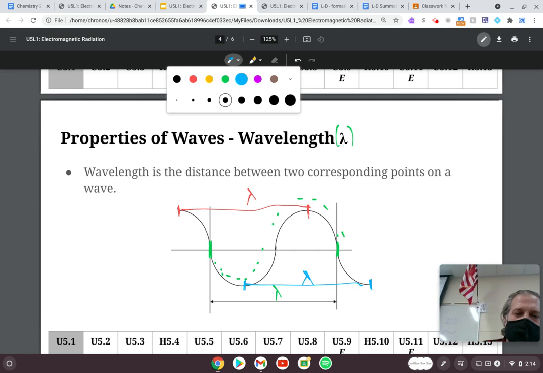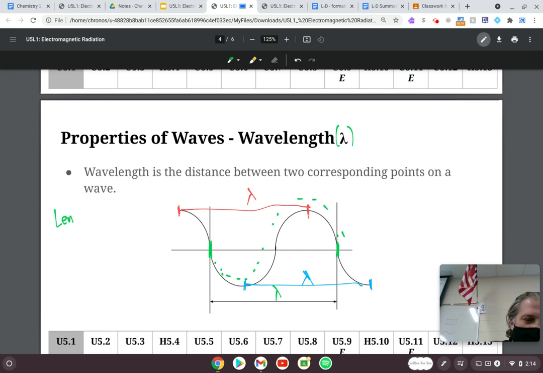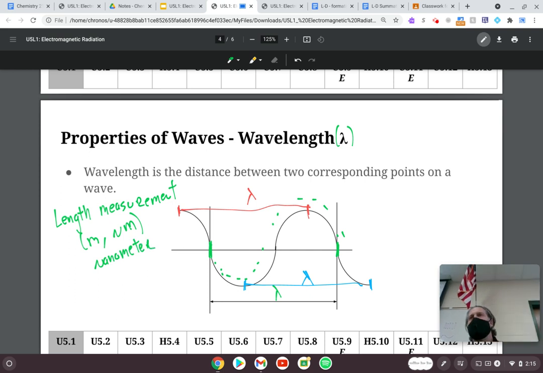Wavelength, though, is a length measurement. And it's measured either in the meter or something called the nanometer. Okay.